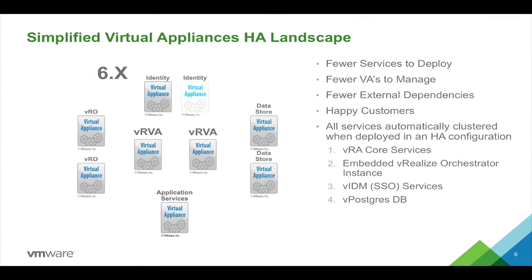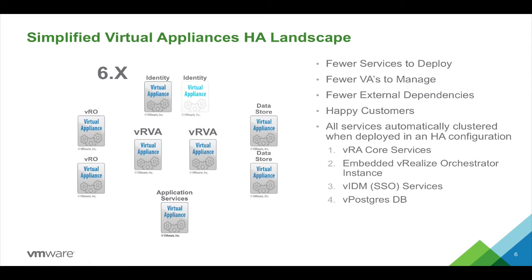And with that, we focused on reducing the overall footprint of a deployed, highly available vRealize Automation architecture. In vRealize Automation 6.x, a highly available deployment could go anywhere between 12 to 20 or more machines for the overall solution. This was not satisfactory for our customers, nor our objective of increasing time to value.